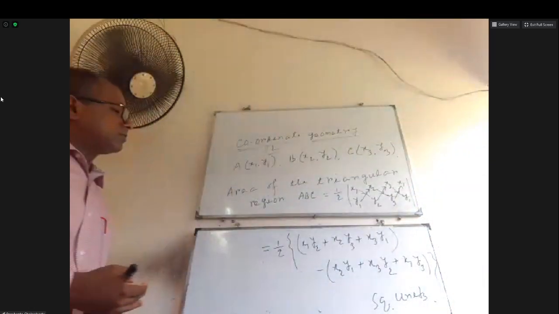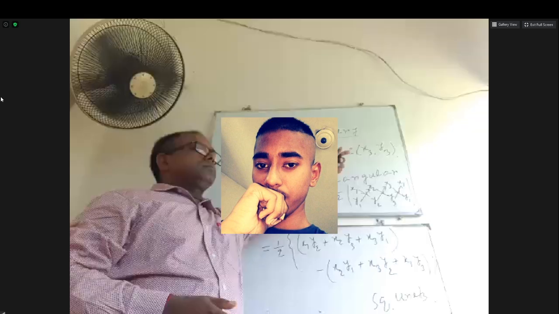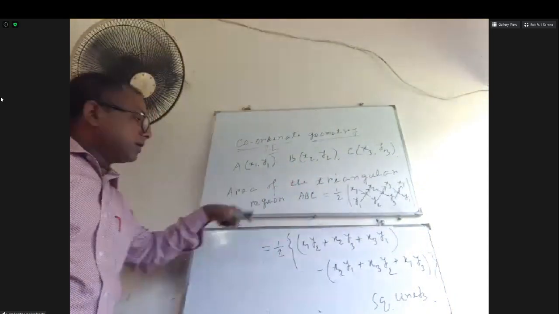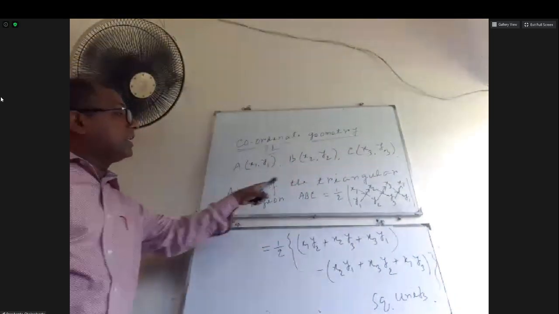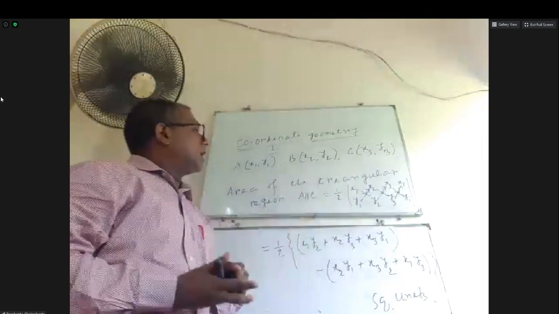This first part will be positive. So if the vertices of a triangle are given, then we can find the area of the triangular region ABC by this formula.